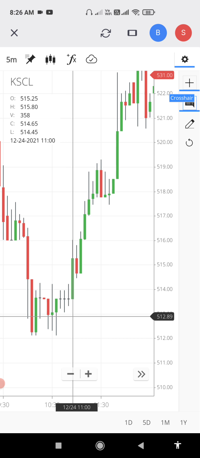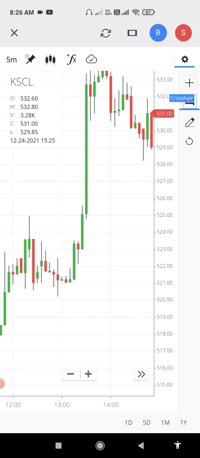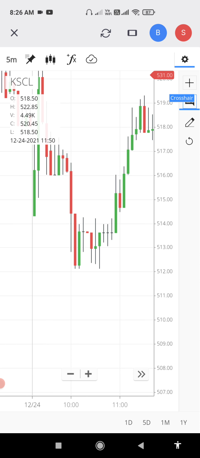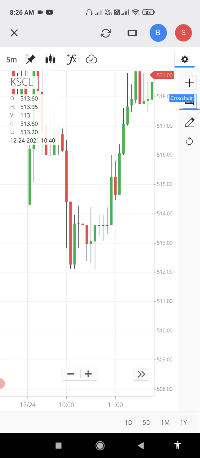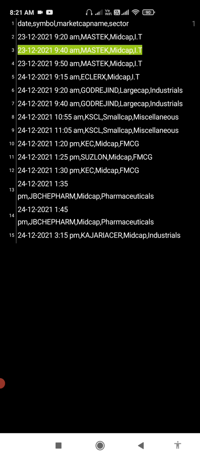From 11 o'clock it is giving the 11 o'clock signal. From that onwards, see this rally. What a rally, without hitting your stop loss, the previous candle low. This is the rally. So next onwards, KCL is over.